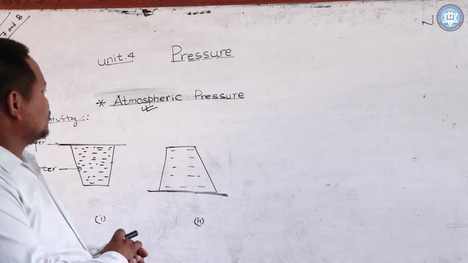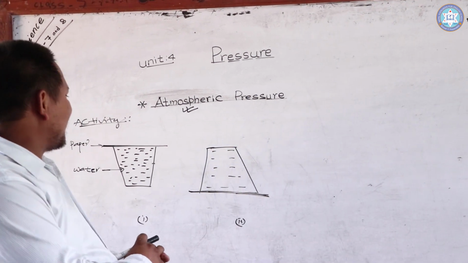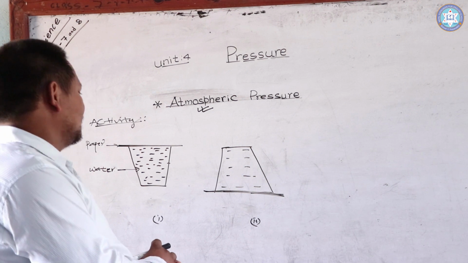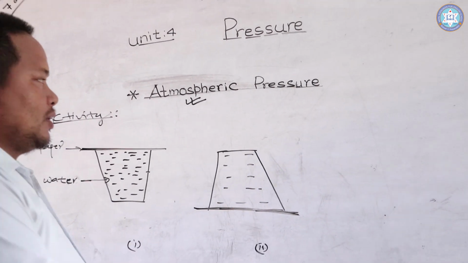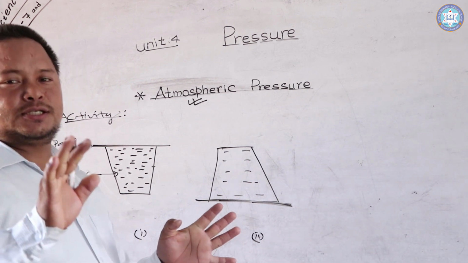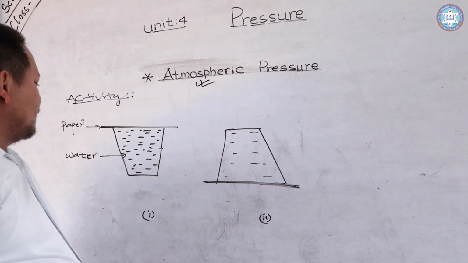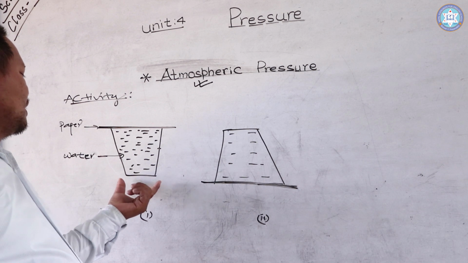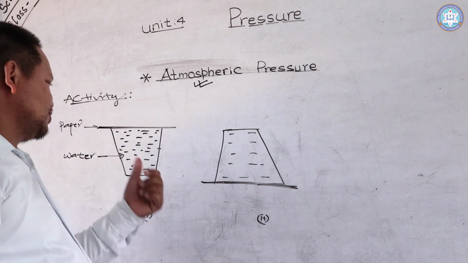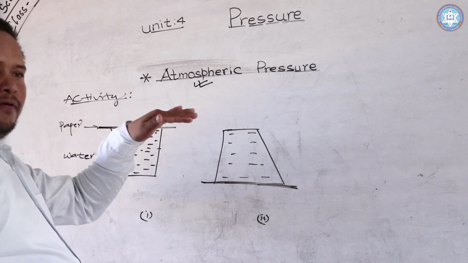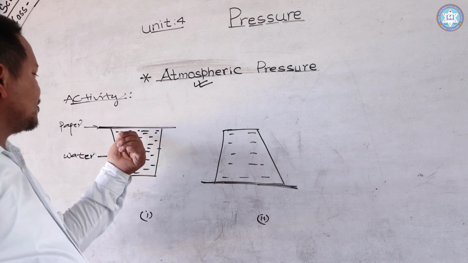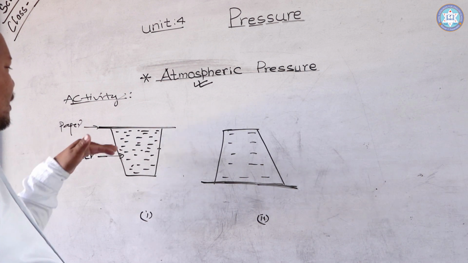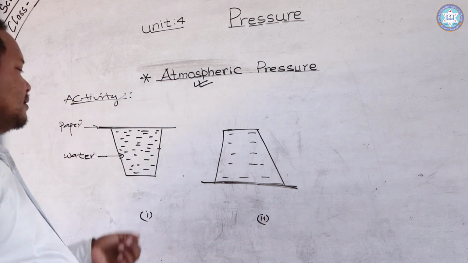About atmospheric pressure, there are some activities which prove whether there is atmospheric pressure or not. For this we are taking a glass totally filled with water and a paper on it, on top like a lid.